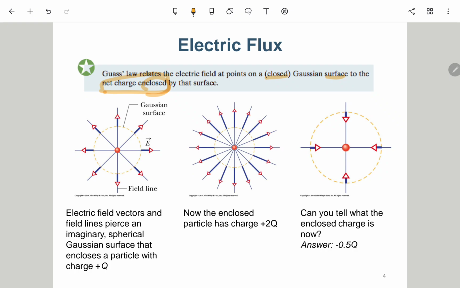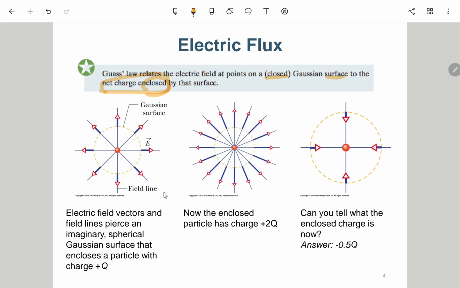Okay, so it sounds abstract, and in fact it is abstract. So let's take a look at this example.